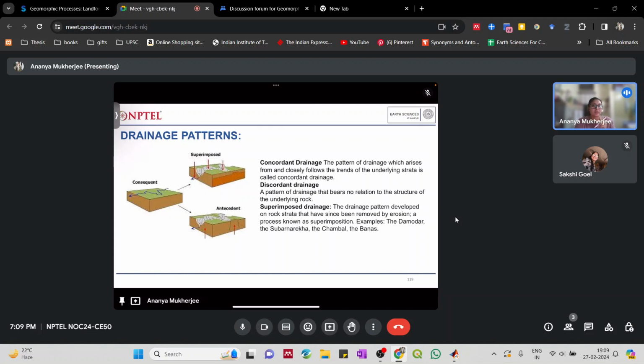In concordant drainage, the drainage pattern follows the trends, features and structure of the underlying area of that region. But for discordant, the river flows in its own way and does not follow the prevalent trend that we can see at that point of time.